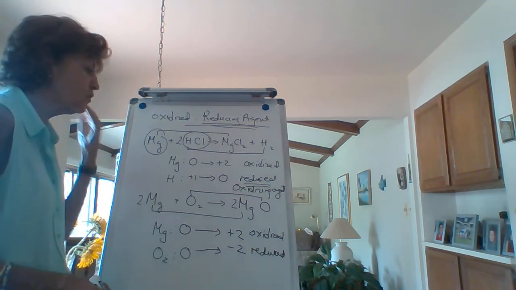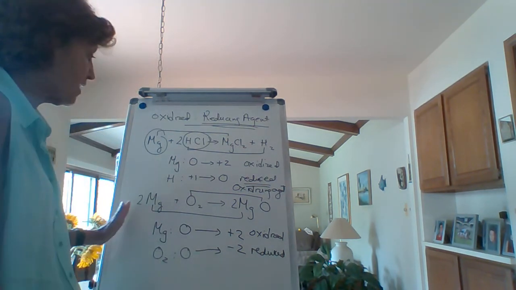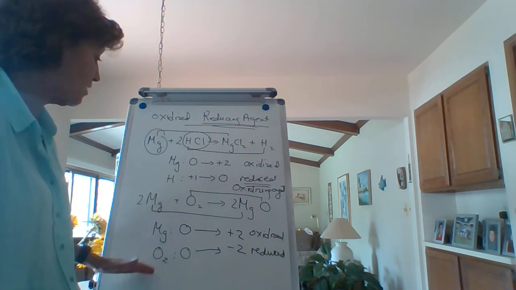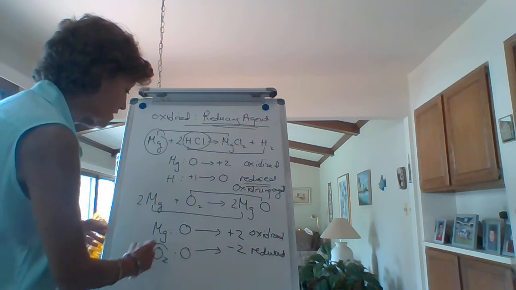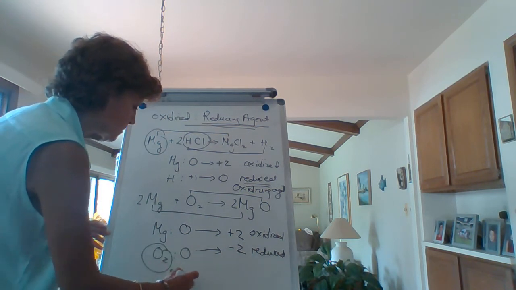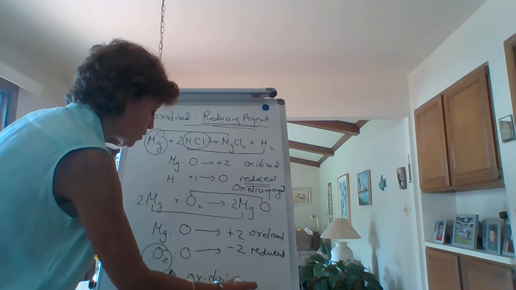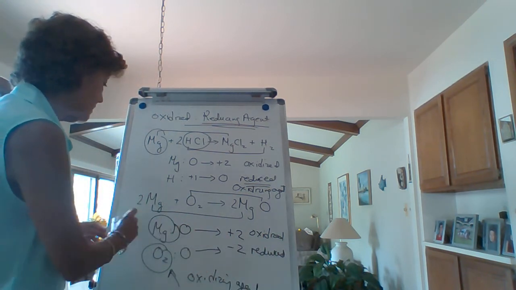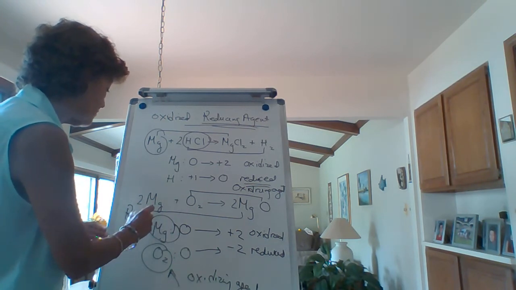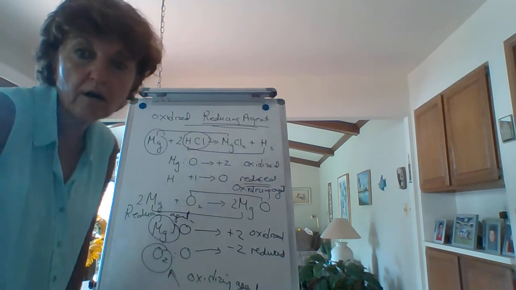If they ask you, who's the oxidizing agent? You look at the reactants. Which reactant got reduced? That's the oxidizing agent. So this oxygen is the oxidizing agent, because it got reduced. And the magnesium is the reducing agent, because it got oxidized.